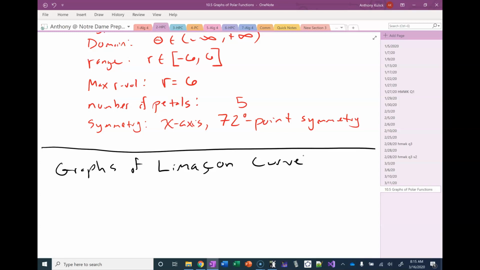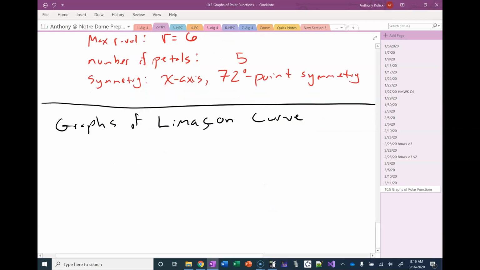L-I-M-A-C with that little accent thing on it, kind of looks like a comma on the bottom of your C, O-N. And that's pronounced "lemmason", not "limacon", as students are apt to say. It's a French name, I believe. Definitely European.